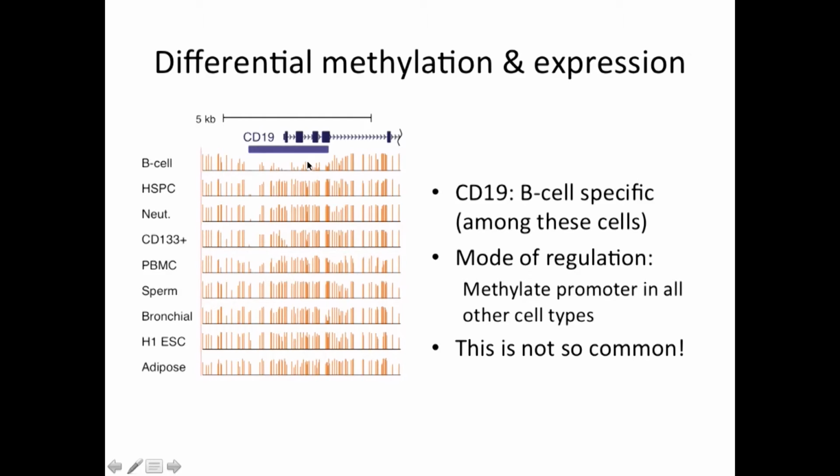And this HMR is found at the TSS of CD19, and it's not found anywhere else in any of these other cell types, including the blood cell types. So this is one of the few examples where you see a specific HMR located at a TSS that's associated with higher expression. Most of the time, an HMR is shared, as I mentioned before on the previous slide.